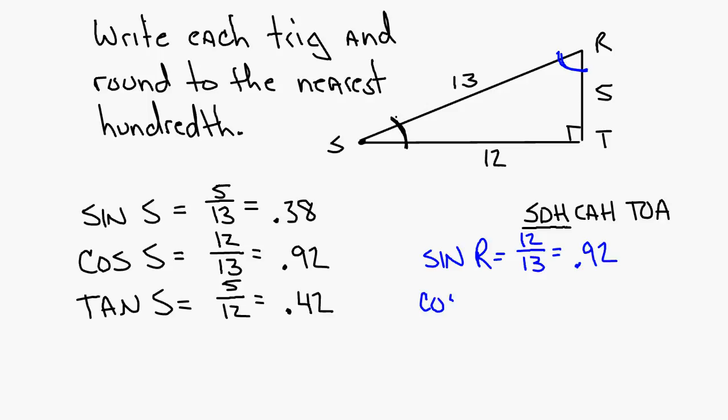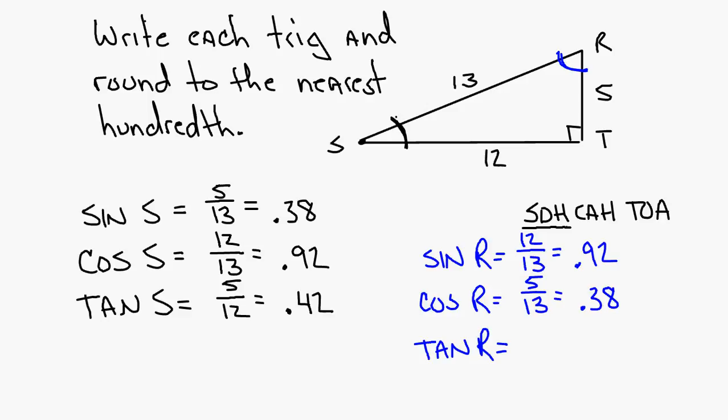Cosine of angle R. Cosine is adjacent over hypotenuse. So that's 5 over 13. And we've already done that, it's 0.38. And then tangent of angle R. That's opposite over adjacent.